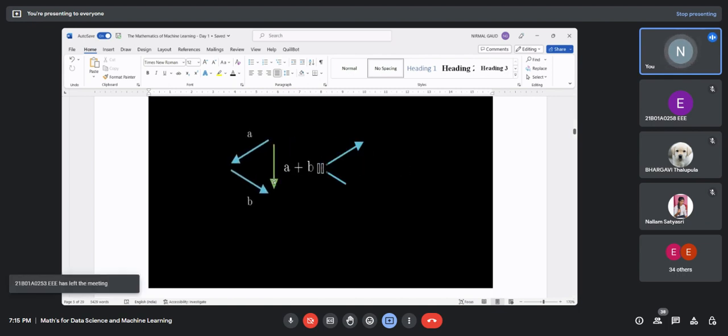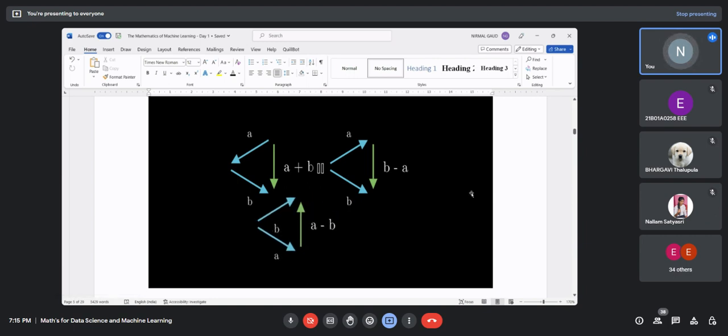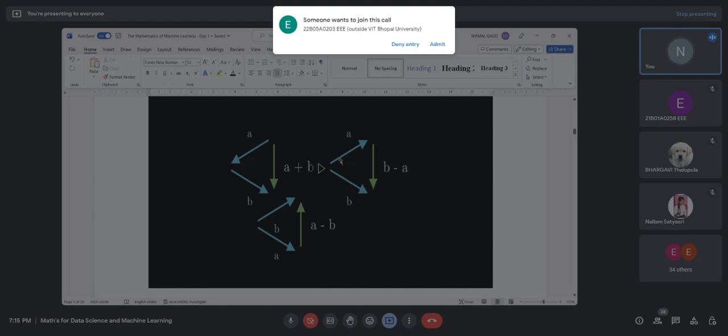We have already studied these terms in physics and in maths. You can see a is followed by b, and then this is the a plus b direction. If this is a and this is b, then this direction will be b minus a.